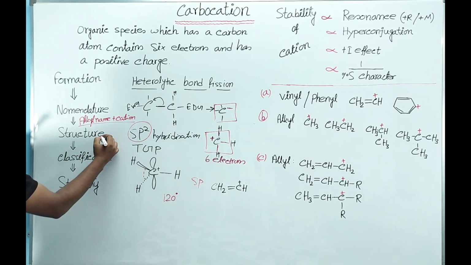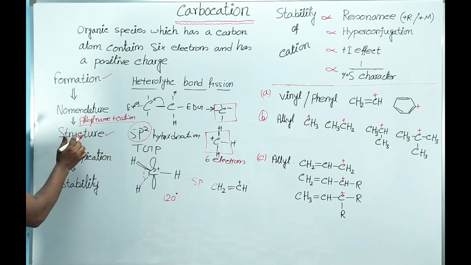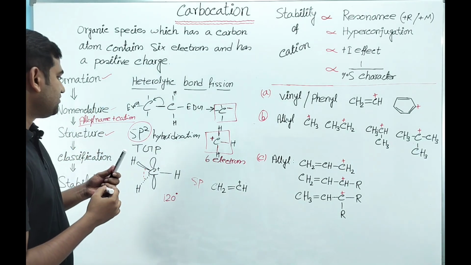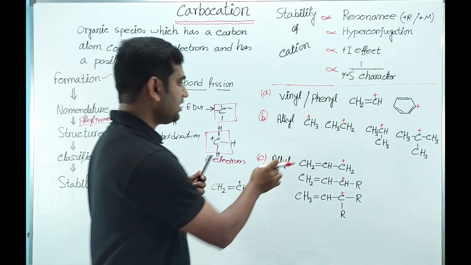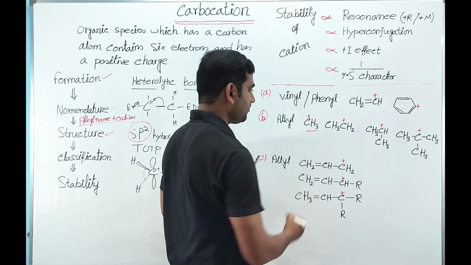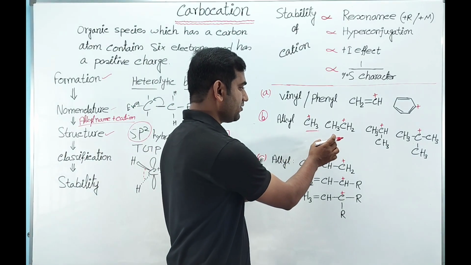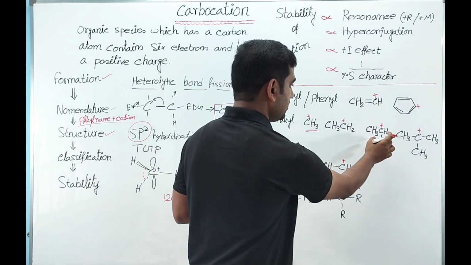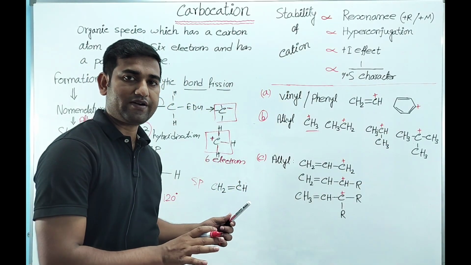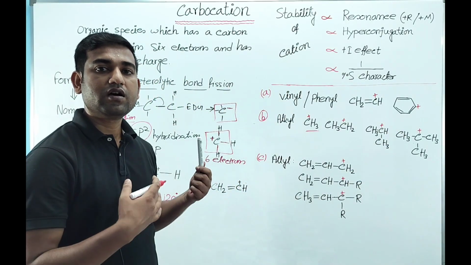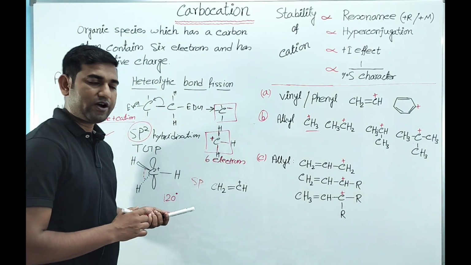So we understand structure, formation, and nomenclature. Nomenclature means the alkyl name, then cation. Suppose this is the methyl carbocation: methyl then cation, ethyl then cation, isopropyl then cation. First the alkyl name is attached with the term cation. So this is called carbocation nomenclature. So got my point?